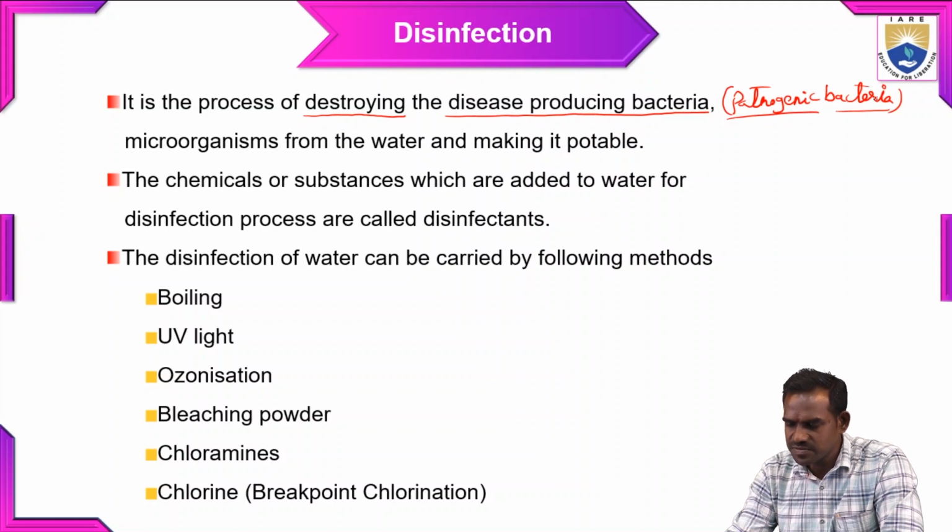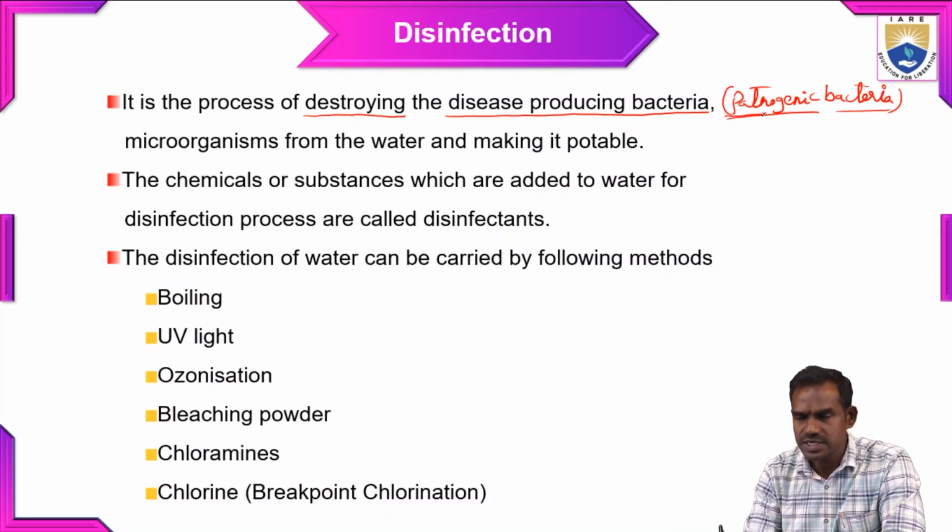Pathogenic: patho means disease, genic means causing, bacteria means microorganisms. So pathogenic bacteria are nothing but disease causing bacteria. In the disinfection process, they will be removed, destroyed or killed.